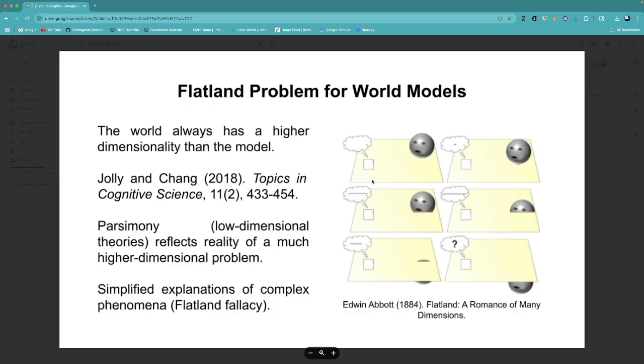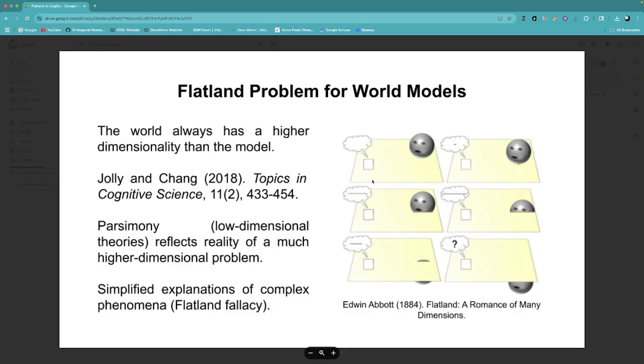And we take things from the world, we abstract them away from the world, and the world always has a higher dimensionality than the things that we abstract away. So unless we have every single aspect of the world in our latent space or in our representation, our world is always going to be more complex, or at least have a higher dimensionality than the model of the world. So again, this is where the paper comes in, Topics in Cognitive Science.